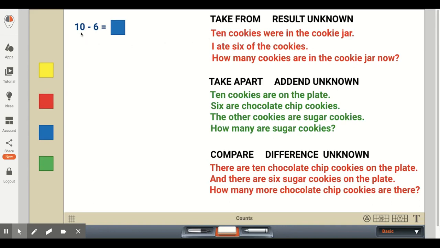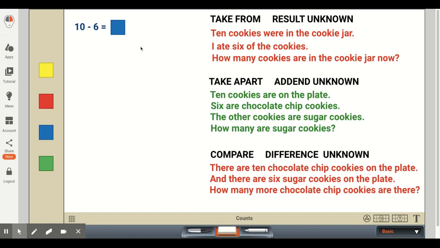That's what we're starting with, the 10 cookies. And then if I eat 6 of the cookies, I need to take those 6 cookies away from the 10. So 10 minus 6, I'm looking for this result unknown. And when I do the subtraction, 10 minus 6 gives me the answer to how many cookies are in the cookie jar now, and that would be 4.